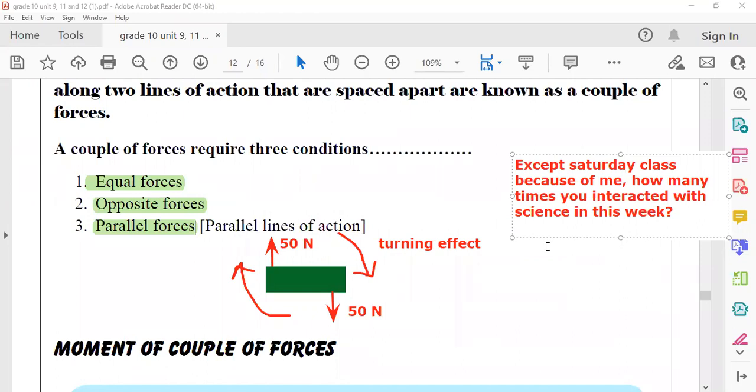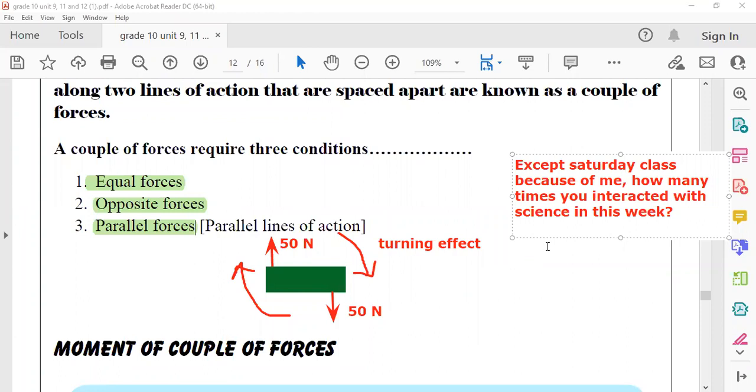Hope you can understand the question. Except Saturday class, from last Saturday to this Saturday, how many times did you interact, go, notice notes, do a question, something you do because of this guided program.